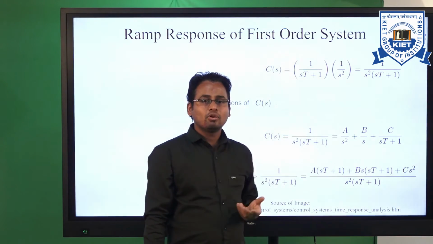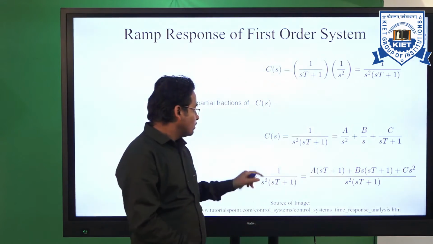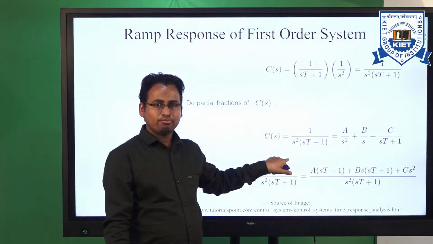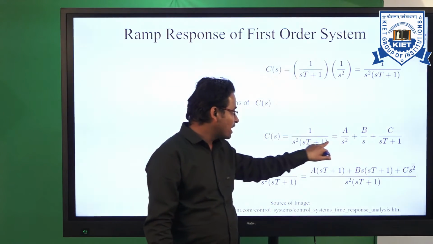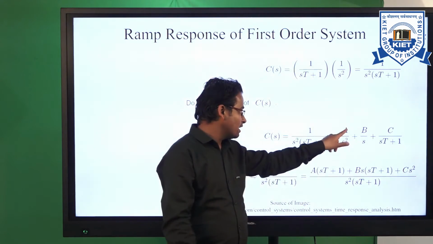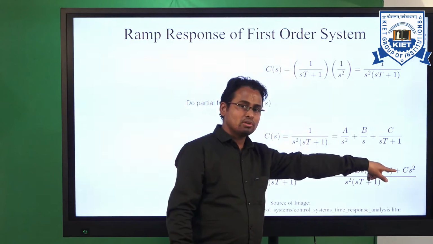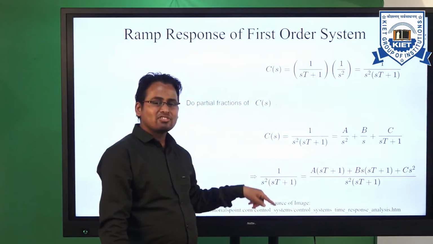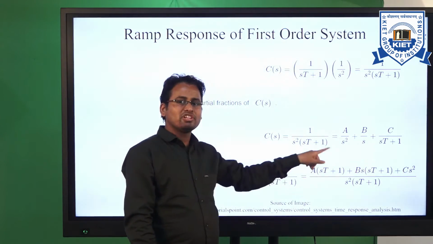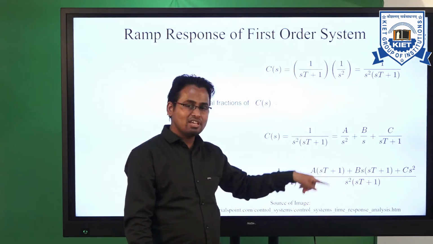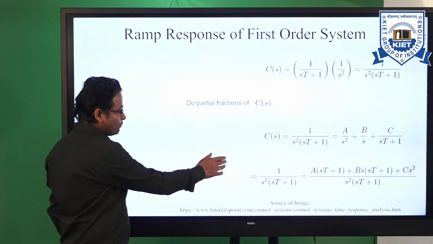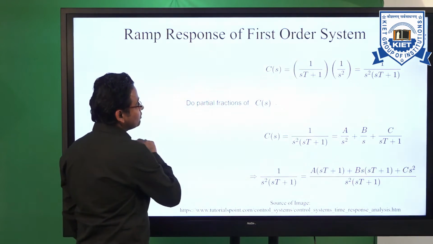After that, what we have to do? Do the partial fraction, like A upon s square plus B upon s plus C upon sT plus 1. After simplification, we will get all the coefficient values of partial fraction A, B, C and substitute.